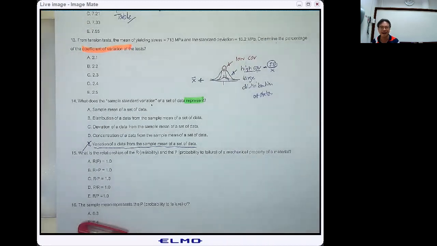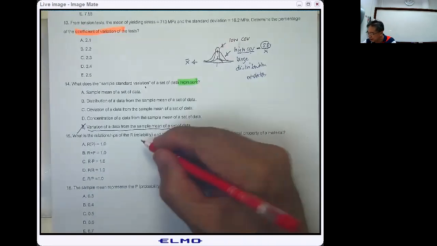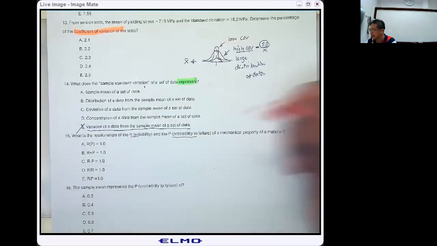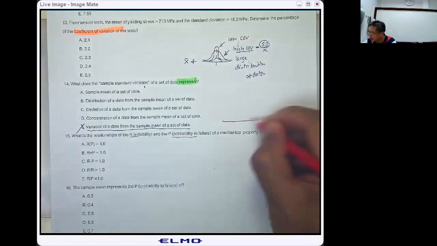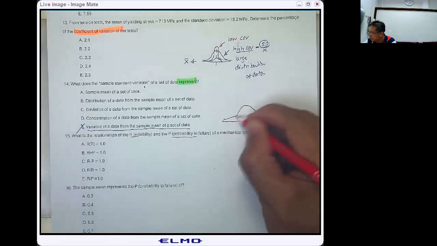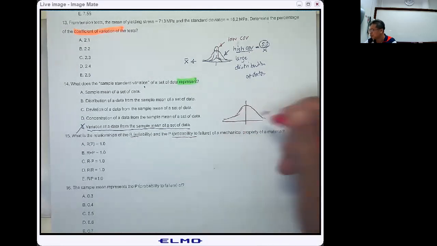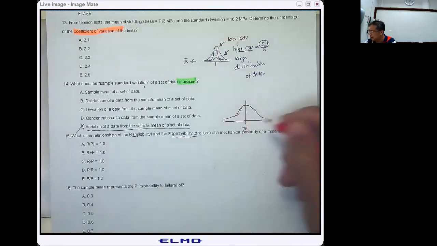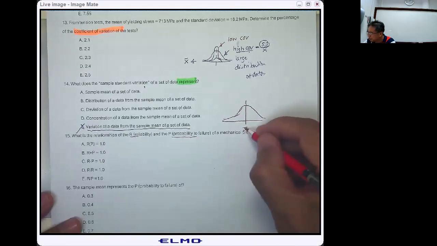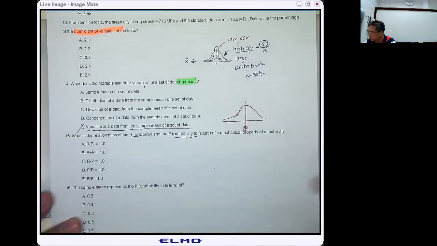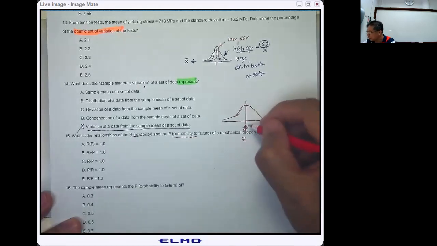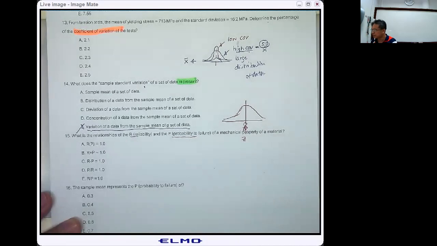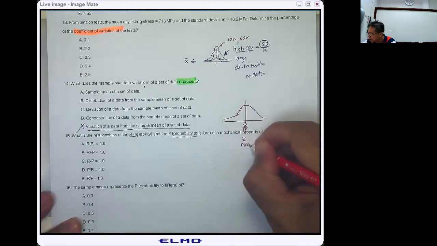Okay, and then coming to the relationship between the reliability and the probability. Coming to what we have on the data, if you have the data like this and you're talking about the average, for the normal distribution, the value here is going to be called the C value, and the C over here is going to be 0. That represents the mean of the data.